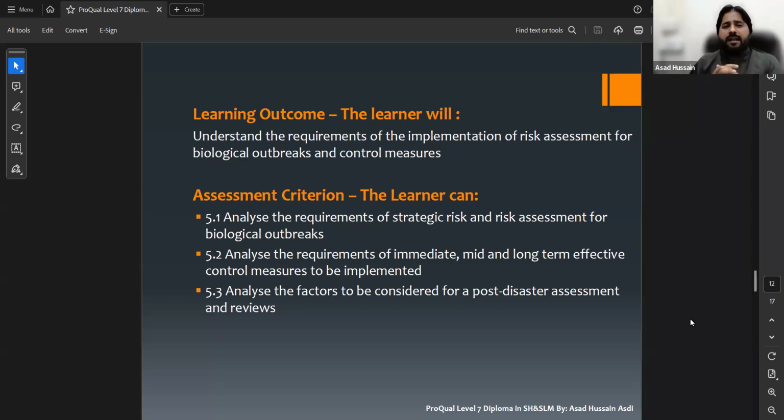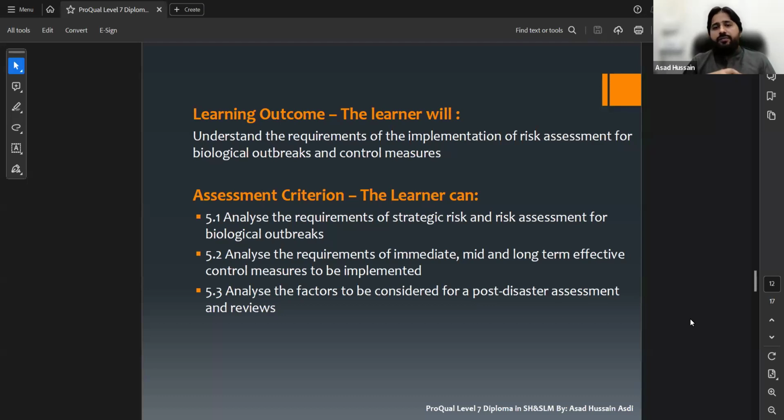Then 5.2, analyze the requirements of immediate, mid, and long-term effective control measures to be implemented. For biological outbreaks, most of the time it is not possible to control immediately. If some biological outbreaks have a wide effect and can impact much, they should be dealt with immediately.